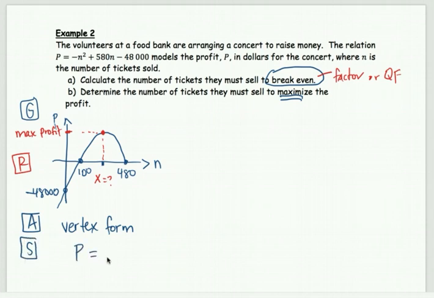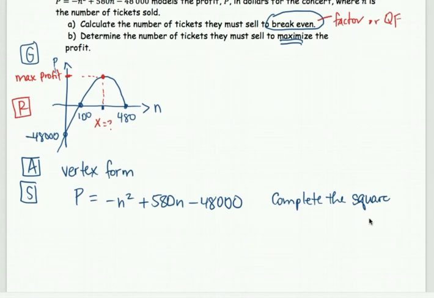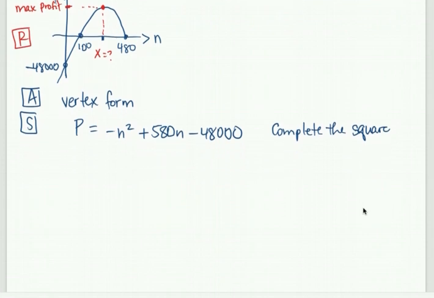Okay, so we don't have the vertex form right now. We have the standard form. So what do we need to do in order to get to the vertex form? We need to complete the square. Okay, so again, you can use the box method, the area model, or you can use just kind of finding the middle number, dividing it by 2, etc., doing all that stuff.